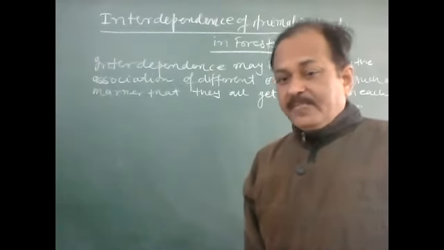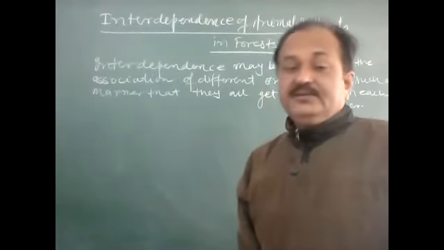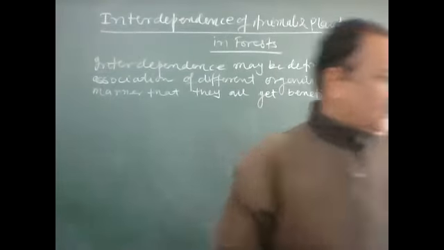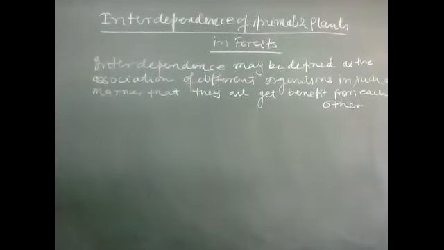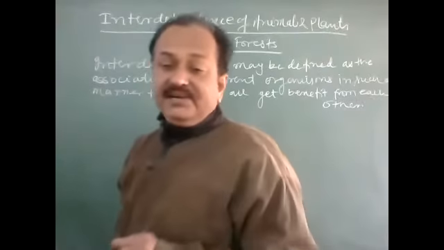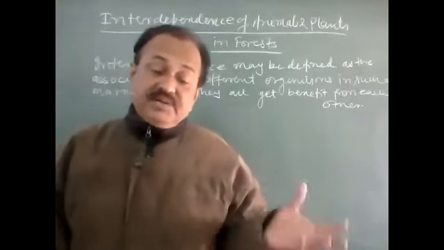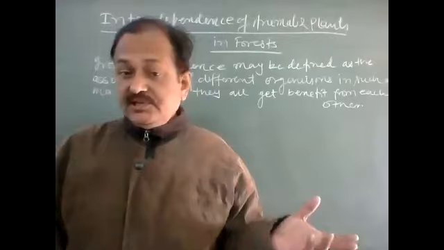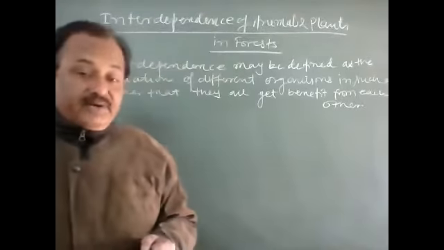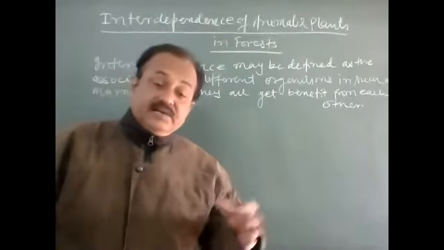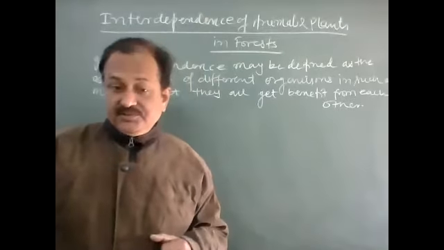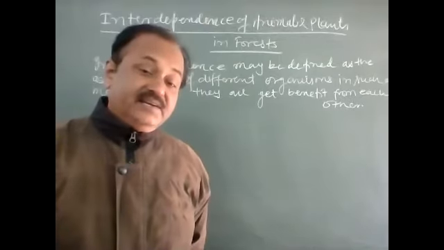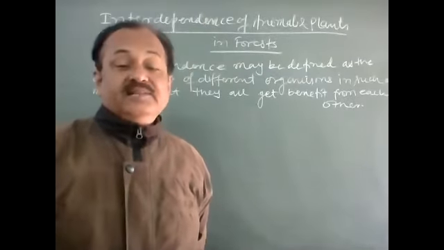Just as I had explained, we are dependent on the plants for fruits and vegetables. Similarly, for building material we require bamboo, which is obtained from the bamboo forest. For making furniture, we require different timber, and timber is obtained from the forest. Furniture of the best quality is made from teak wood, T-E-A-K, which you call in Hindi sagwan.